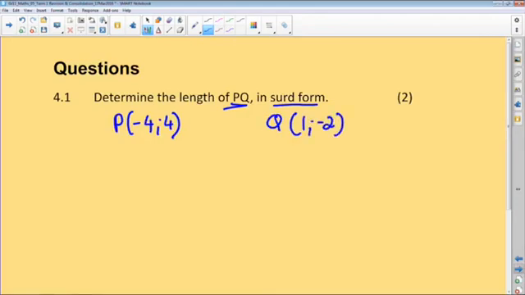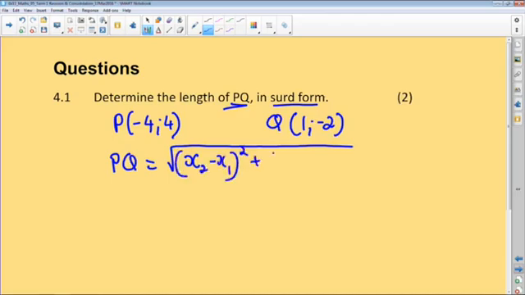We know that the distance is worked out given the formula: PQ is the square root of x2 minus x1 all squared plus y2 minus y1 all squared.